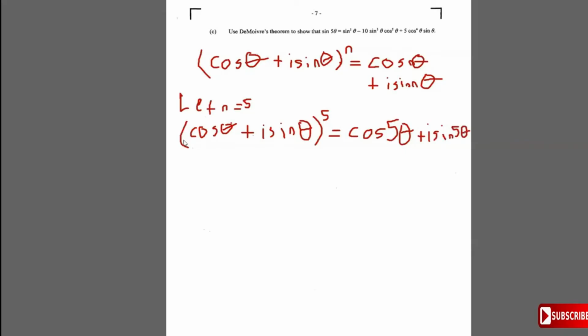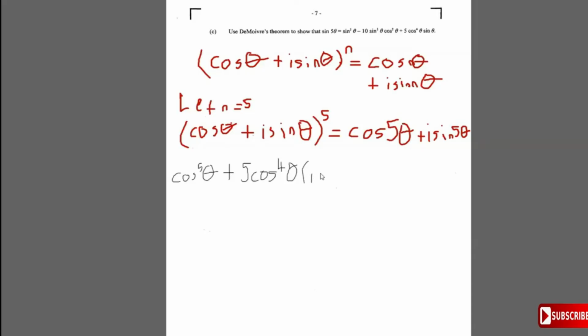Now all we need to do is expand this left hand side, and we would have learned Pascal's triangle, its first term to the 5th. So this is going to work out to be cos to the 5th of theta. You have to remember Pascal's triangle: it is 1, 5, 10, 10, 5, 1. So it's cos to the 5th plus 5 cos to the 4 theta times i sine theta.